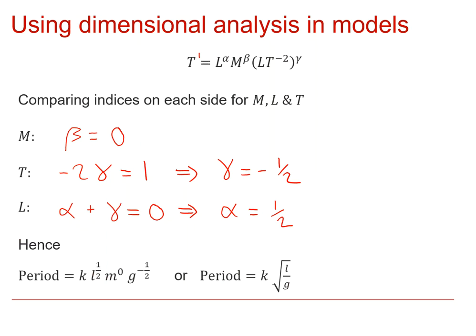So what do we conclude from that? Well, we conclude that this time period, if we're right, will have a formula like this: k length to the power of a half, because that's where the alpha is, m to the power of 0, in other words not depending on the mass, and g to the power of minus a half. And we can write it in this way. Alright.